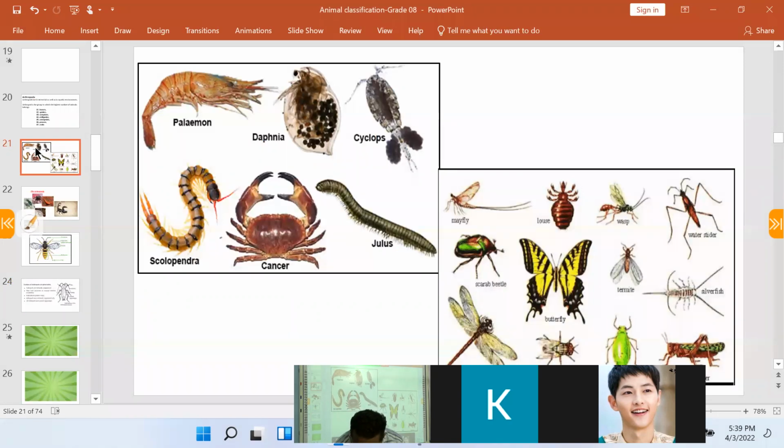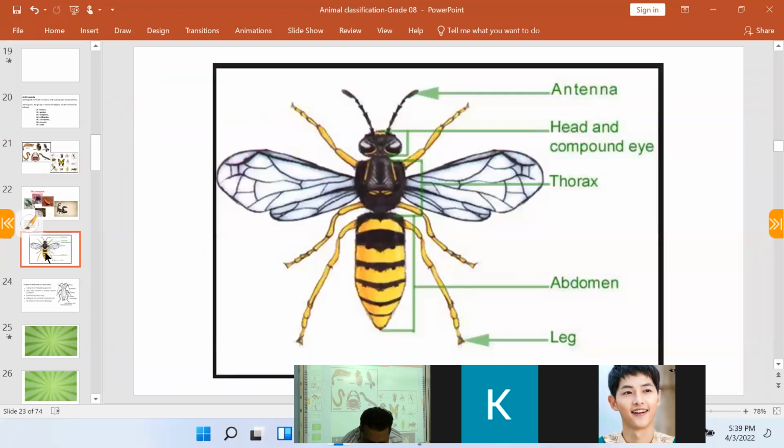Look at this group. All insects means butterflies, bees, bugs, flies, aphids, ants, dragonfly, cricket, grasshoppers, flea, wasp, hornet. Tarantula is a spider, all belong. This is the body part of an insect.